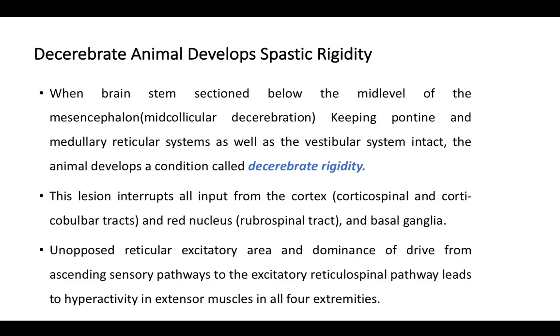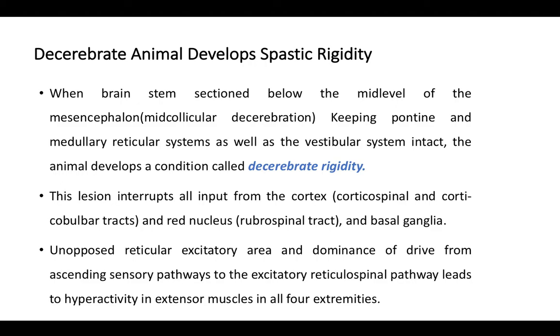So, if a section is done at this level, keeping the pontine and medullary reticular systems intact as well as the vestibular system intact, the animal develops a condition called decerebrate rigidity. Now, why does decerebrate rigidity occur?